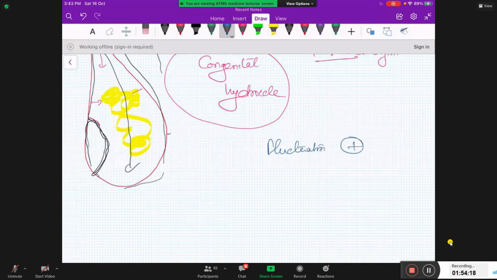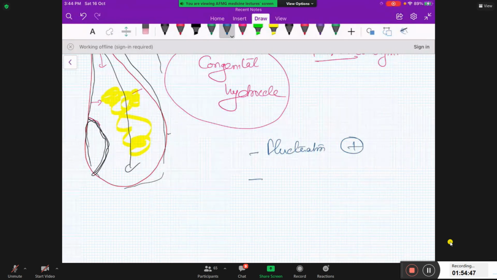When you press one side of the balloon with your finger, the other side pops up, right? Same way, in any swelling which has a fluid, when you press on one side, if the other part of the examining finger pops up, it means fluctuation is present. So this swelling will have a fluid, so it will give us fluctuation.